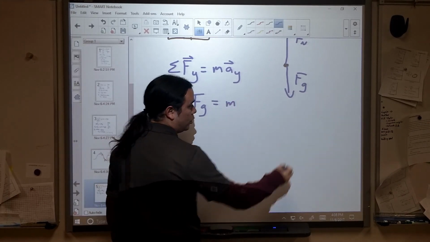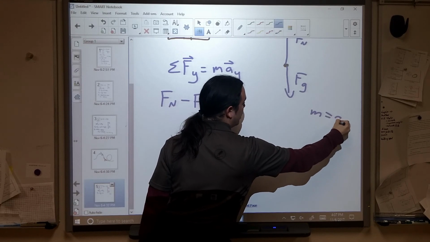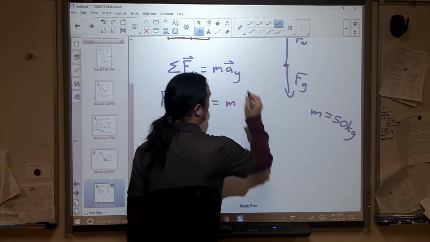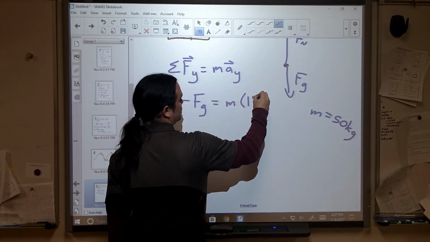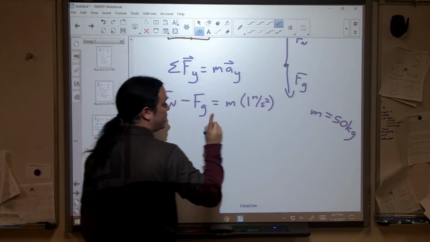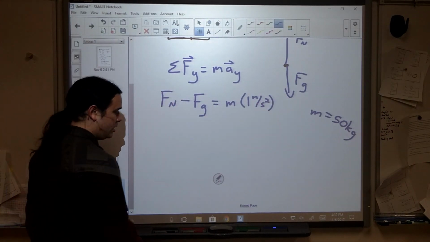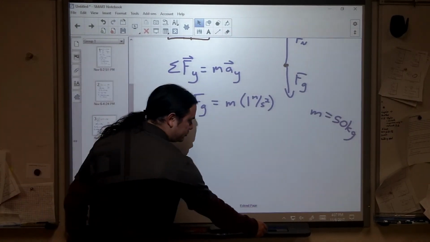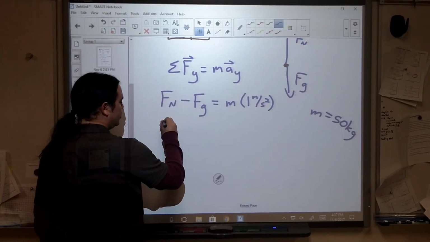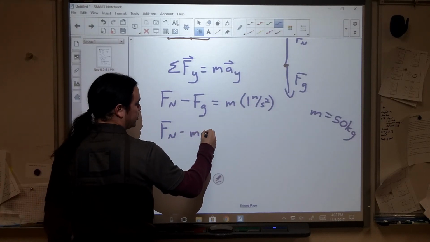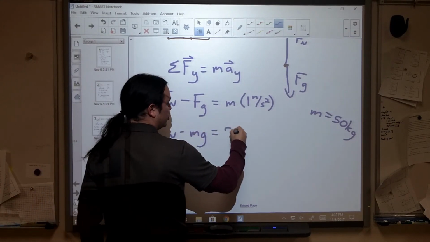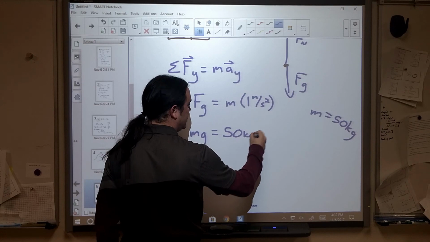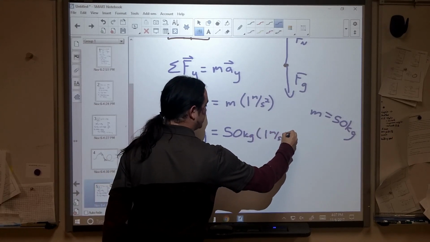We said for this individual, we're going to say that the mass is equal to 50 kilograms. And we want the acceleration in the y, which I said was 1 meter per second squared, positive because it is up. All right. Normal force minus the force of gravity, which is mg, equals 50 kilograms times 1 meter per second squared.